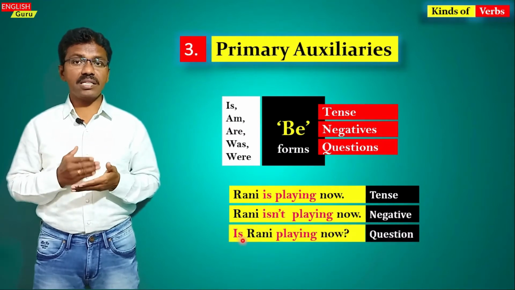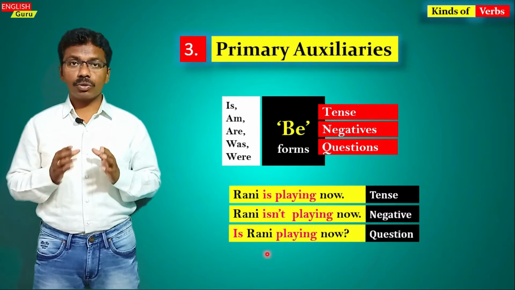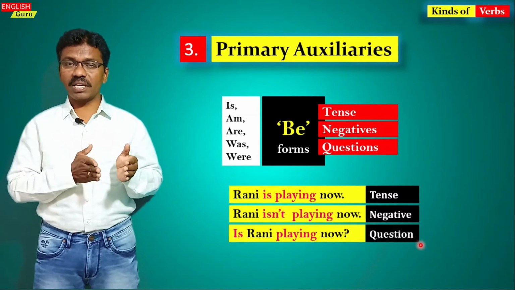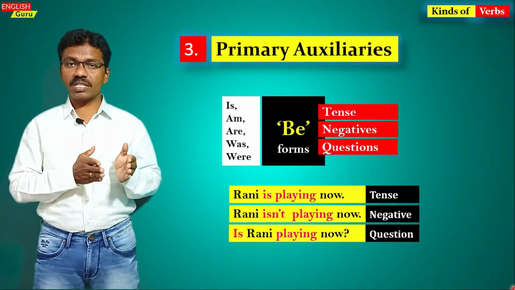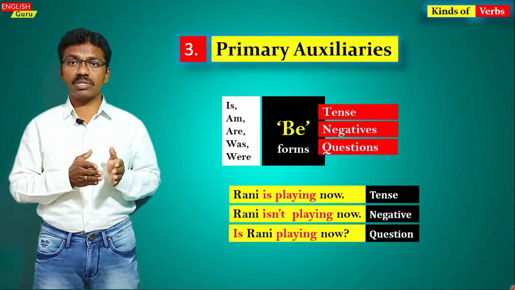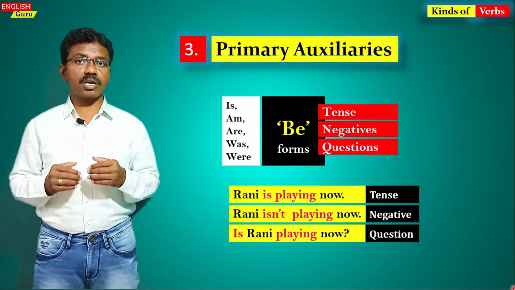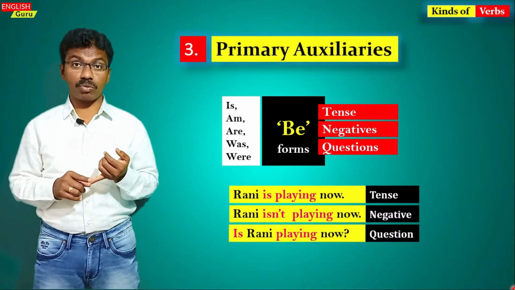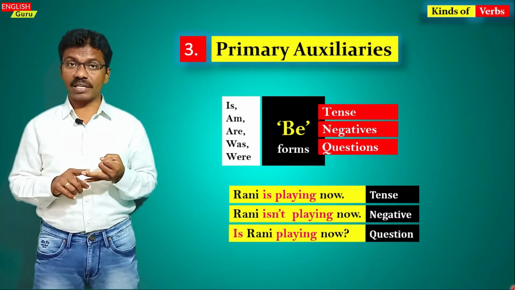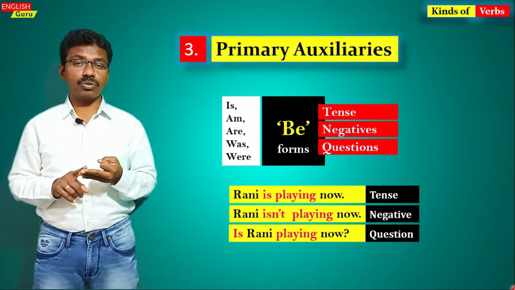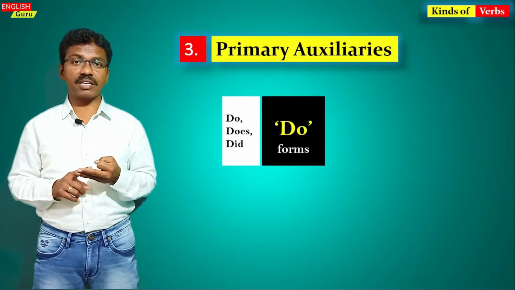If you say Is Rani playing now, is is kept in the beginning of the sentence, and when you keep it in the beginning, it becomes a question. So be forms are used to form questions, to form negatives, and to denote the tense of a sentence.